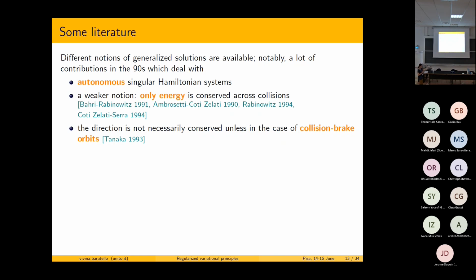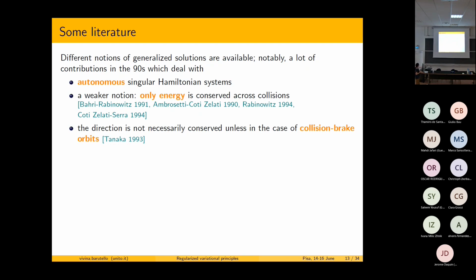Okay, the position is not preserved. So this is the difference with respect to this group of works. It's a big group of works. These are just the main ones.